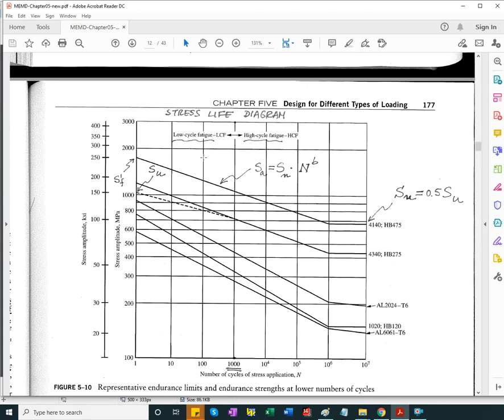The graphs, like you saw before, plotted for various materials, have this appearance. On a log axis, the logarithm of the number of cycles against the logarithm of stress amplitude, and again these are reversed bending, R equals -1, like in the test, with specimens mirror polished, 0.3 inch diameter.